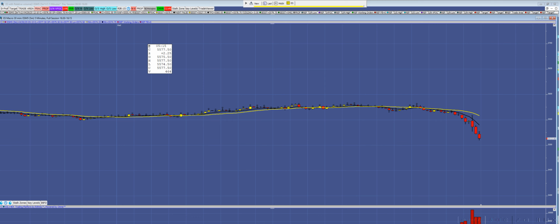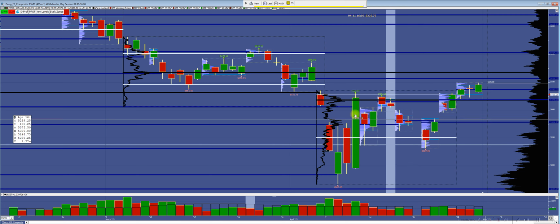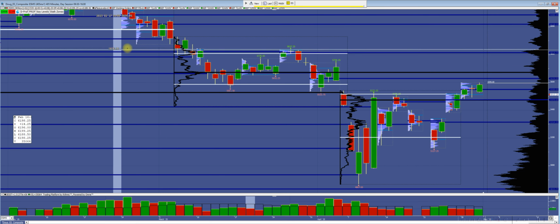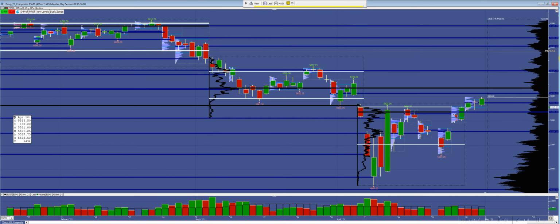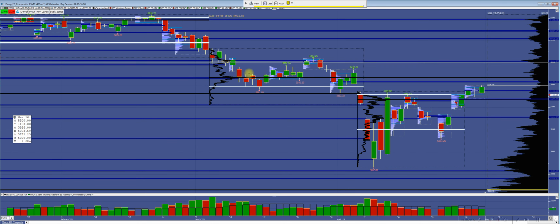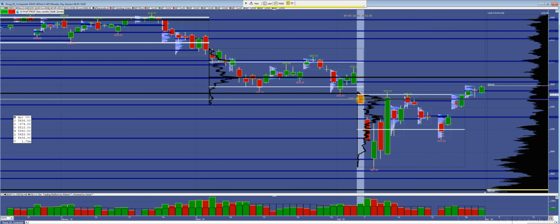All right, let's take a look at the overall macro. This is my composite with my micro composites. You know, we fell off of that all-time high. They're just fighting that all-time high. Broke down, found balance. Broke down April 3rd, tariff day.